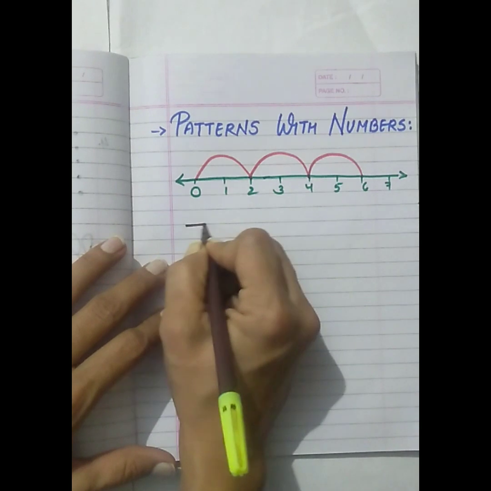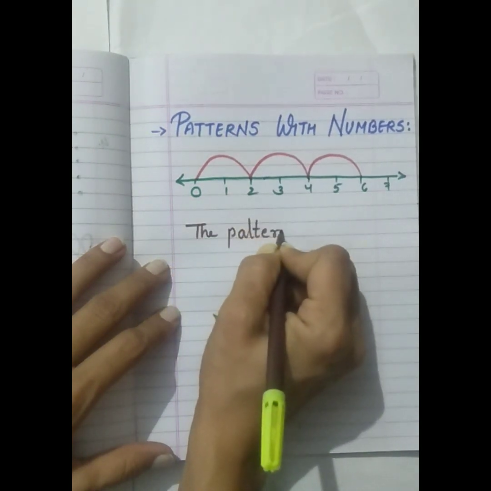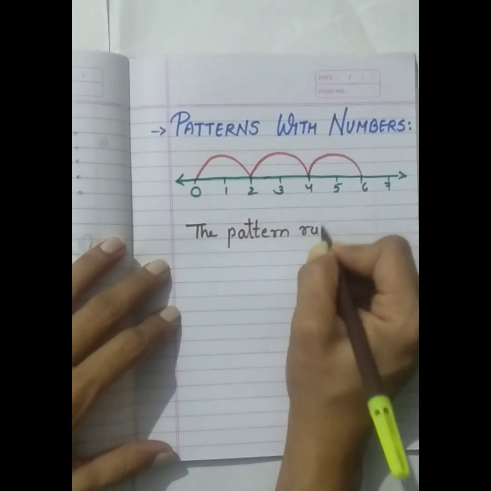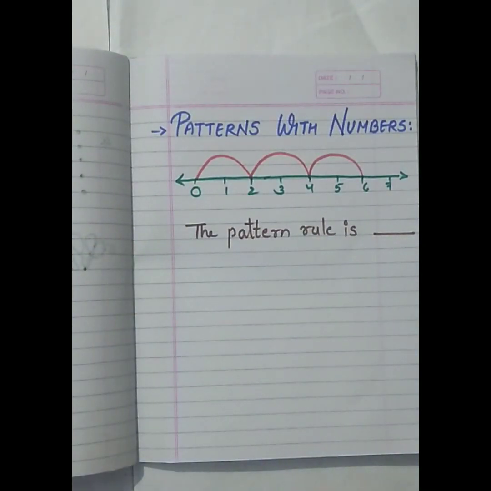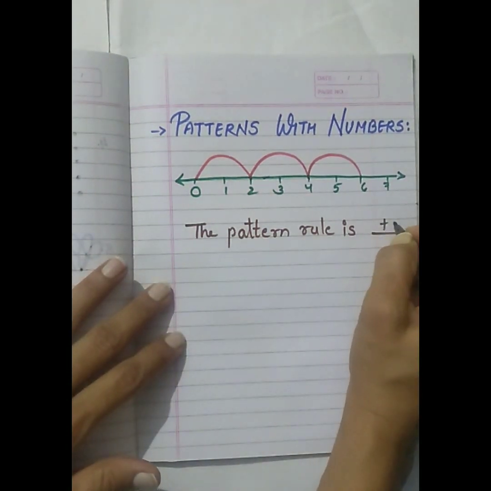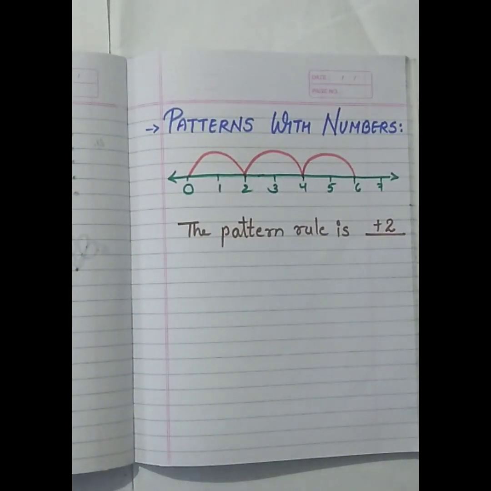So the pattern rule here is plus 2. How plus 2? Every time we added 2 to the number.